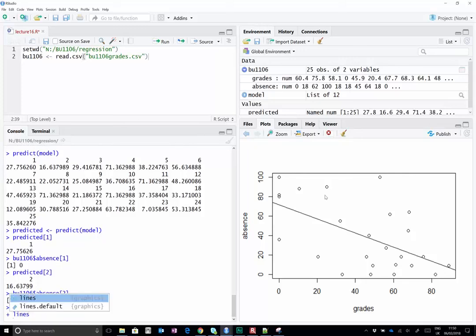And I want to draw lines, so the command is called lines. And now I need to give it the x and the y coordinates for the point of origin and for the point where I want to go to.